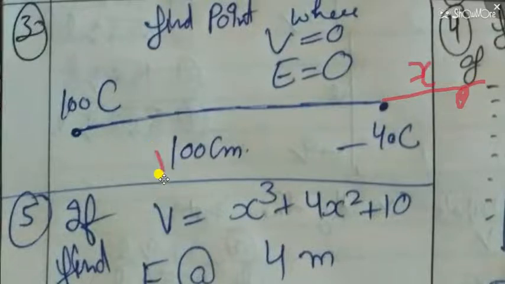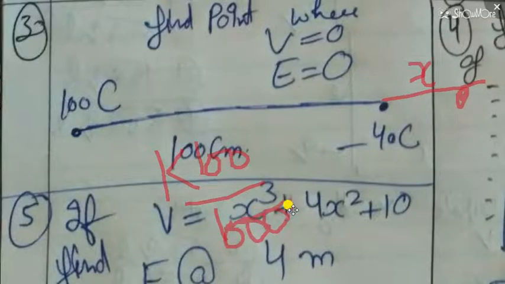So k into 100, due to positive, electric field will be away, due to negative towards. So k into 100 by 100 squared. Wait for 1 minute.